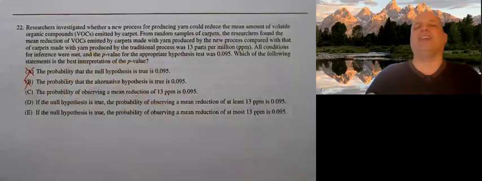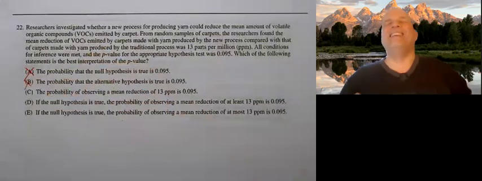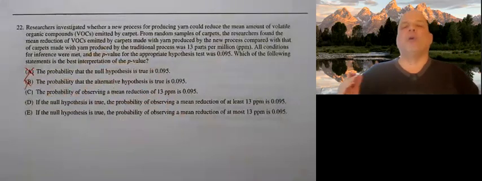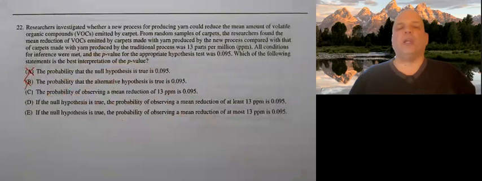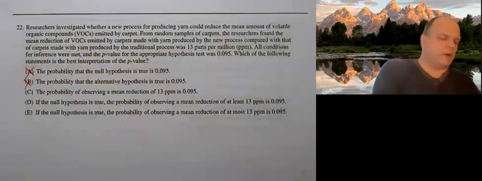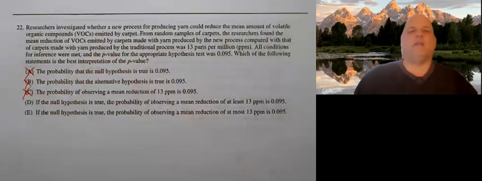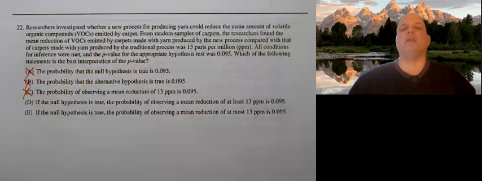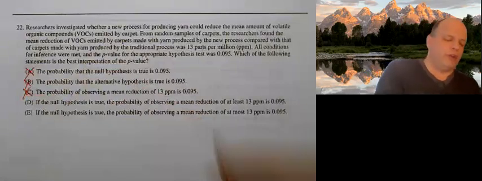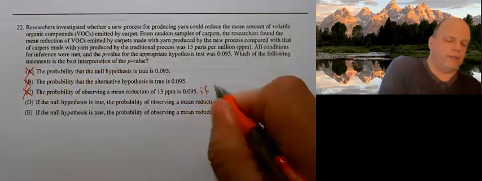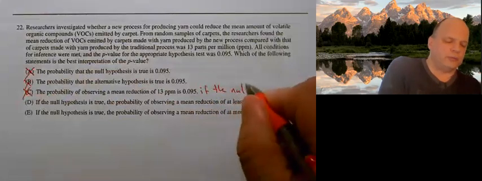No. It's the probability of getting a test statistic this extreme or more extreme, or at least this extreme, if the null is true. All right. It's not the probability of observing a mean reduction. It's the probability of observing a mean reduction if the null is true.